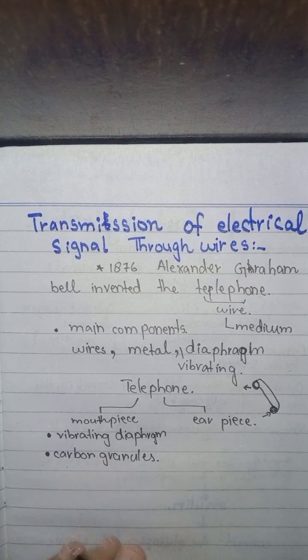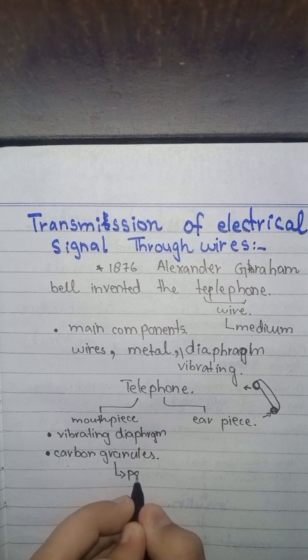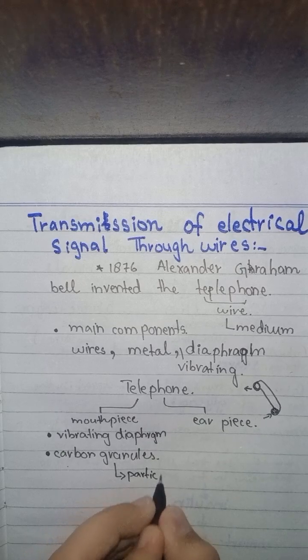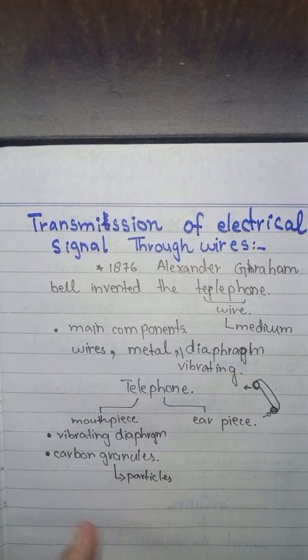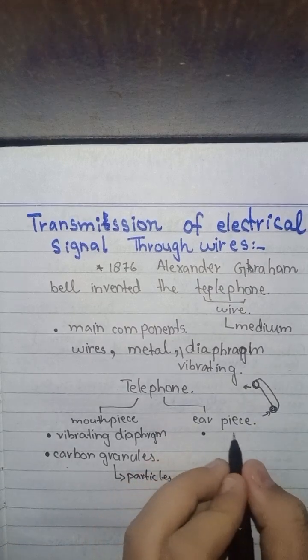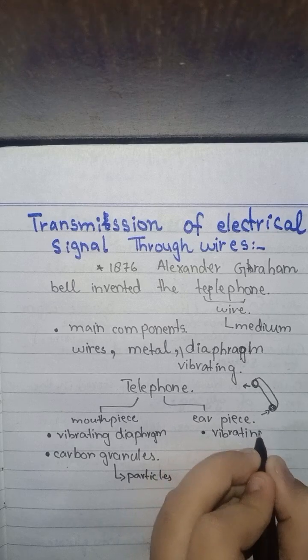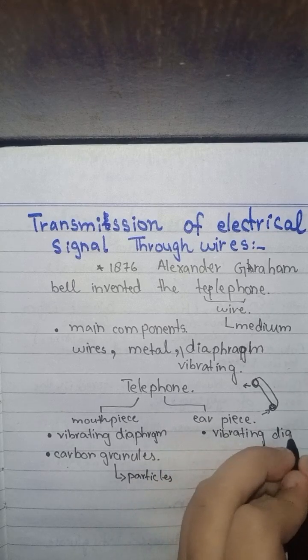So what are granules? These are basically particles or small pieces of carbon. Okay, and in the earpiece we have only the vibrating diaphragm.